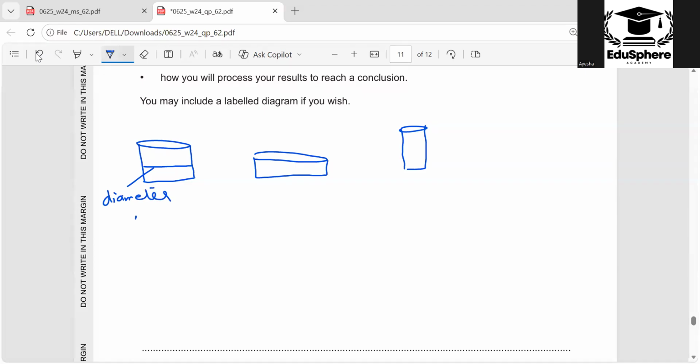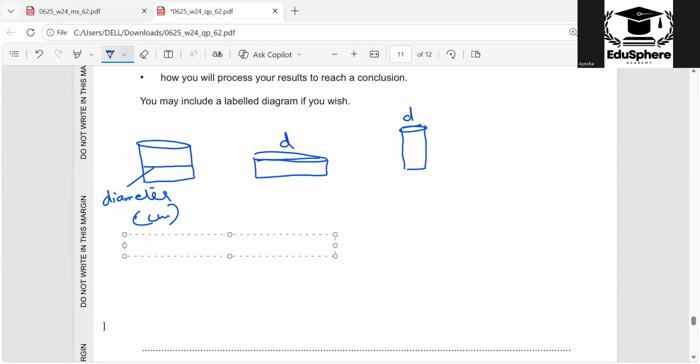The diameter should be in centimeters. Here it's also D, so we can write D here, and D here, right? Now we have to find the temperature of all this, so I'm going to write how we can measure it. For that, we need to write a description of what we will do.